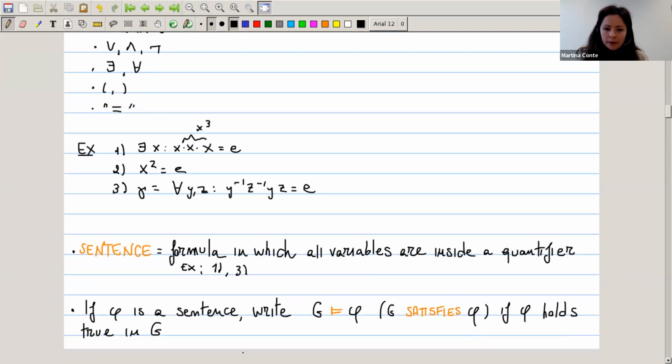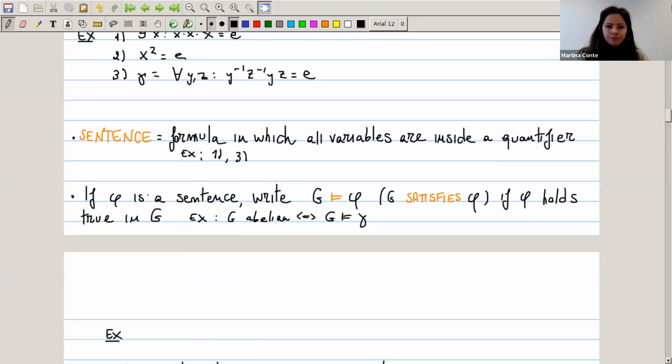If we are given a sentence phi, we will use this orange symbol here to say that G satisfies phi whenever phi holds true in G. For example, G is an abelian group if and only if G satisfies the sentence gamma in the previous example.